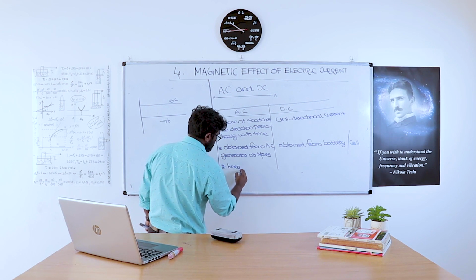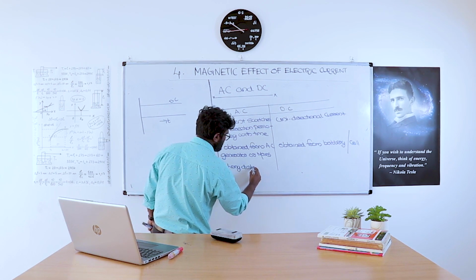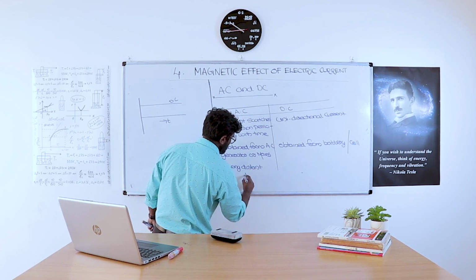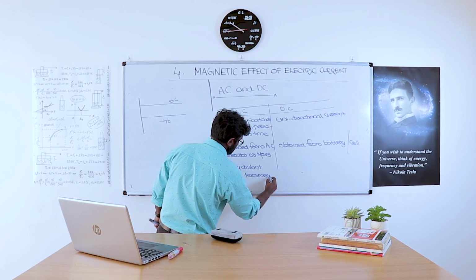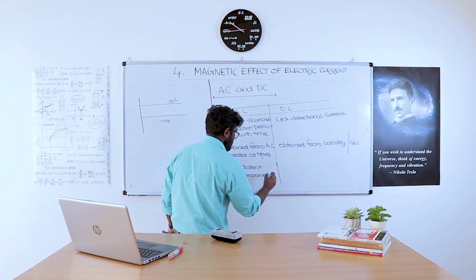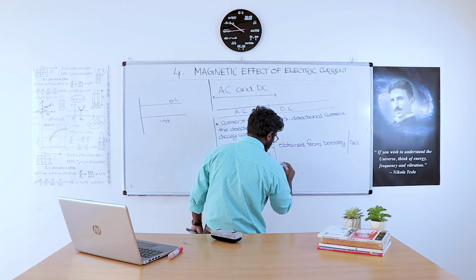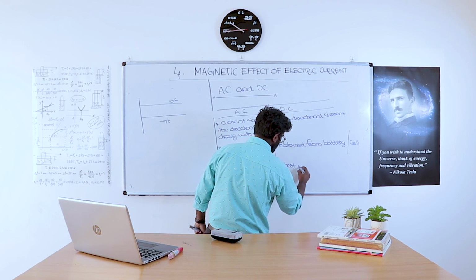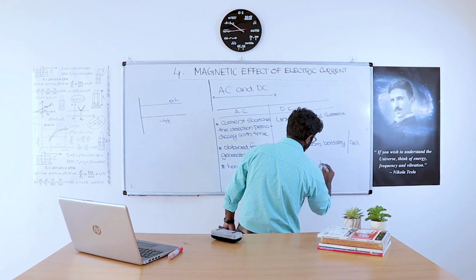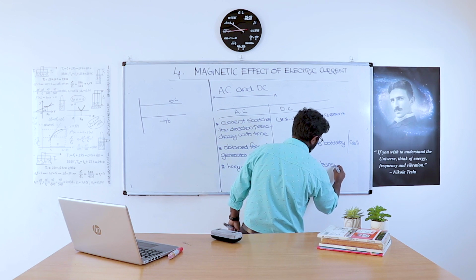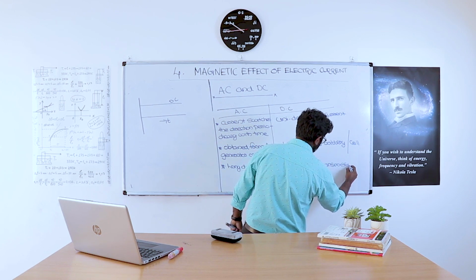For long distance transmission, AC is used. For short distance transmission, DC is used.